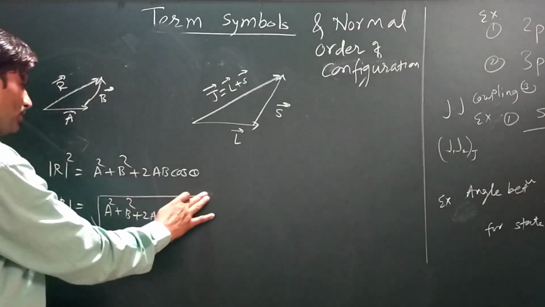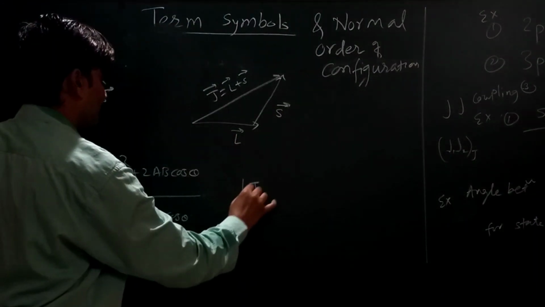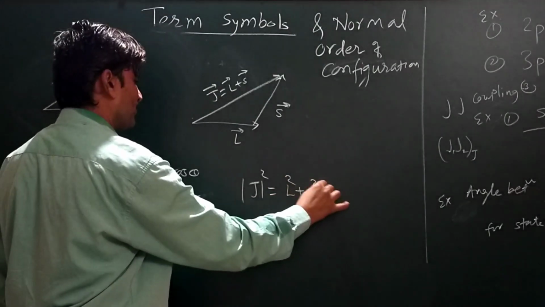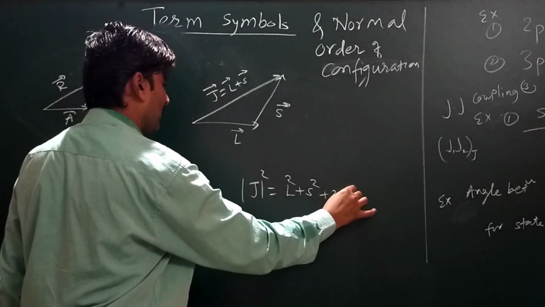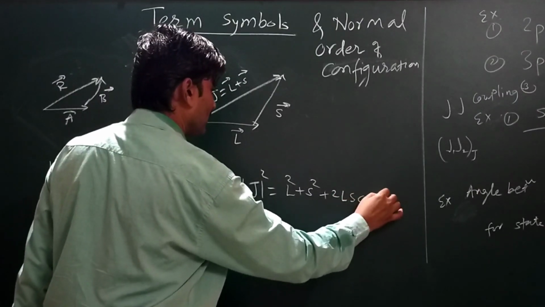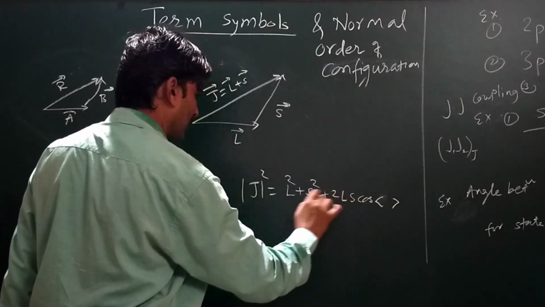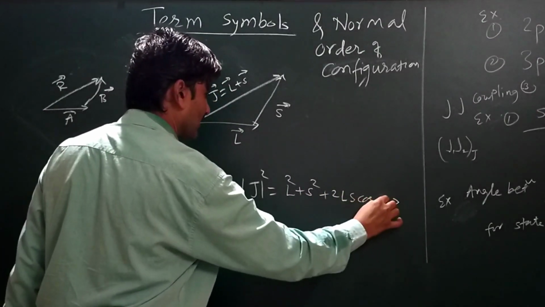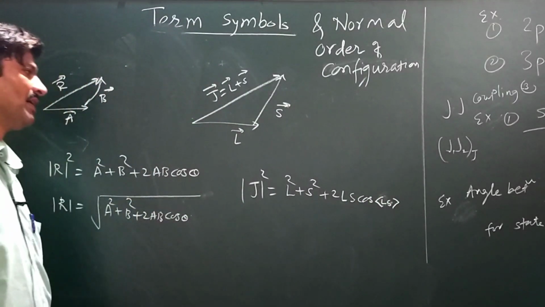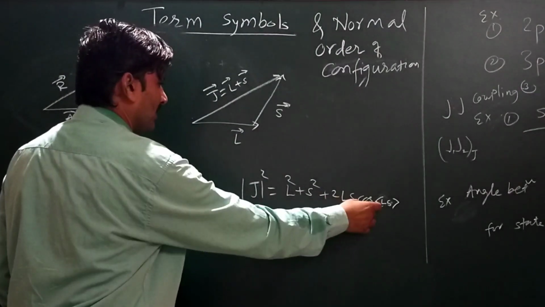So in that case we can write the value of J in magnitude: L squared plus S squared plus twice LS cos theta. That theta is nothing but the angle between L and S, and we can calculate this angle.